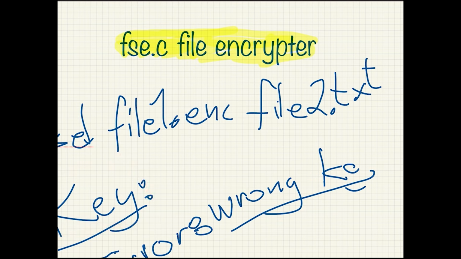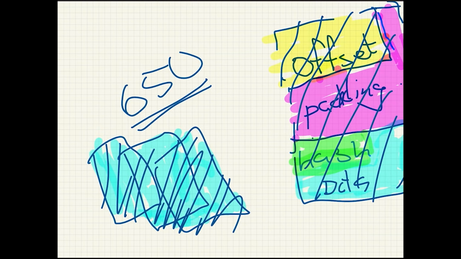When we input the key, we will initialize our encryption engine with that key, and we will begin by decrypting the first 2 bytes of the file, containing the offset.